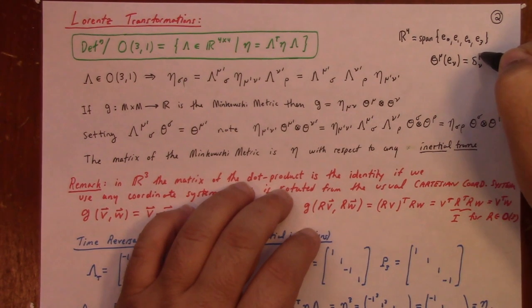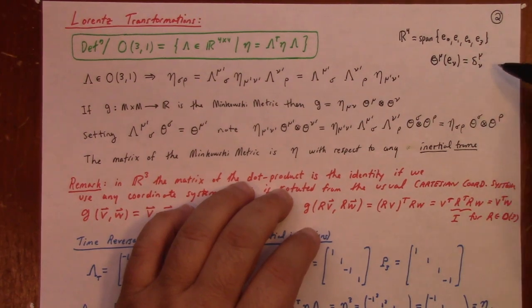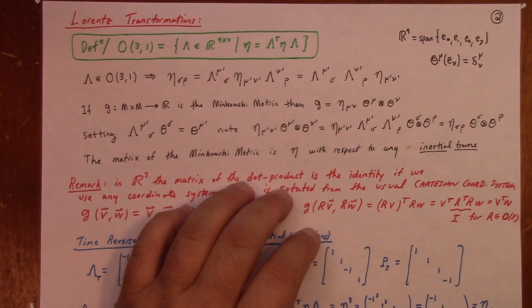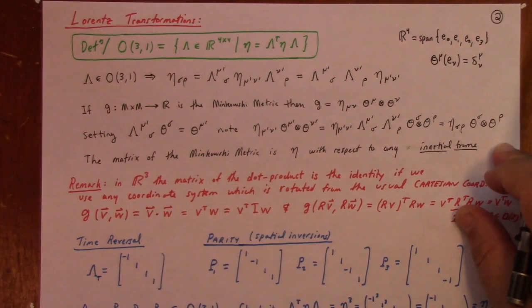now I haven't been super careful about keeping upstairs indices matching upstairs and downstairs matching downstairs. I haven't been completely simpatico with Carol on this point. I sometimes have had lower mu nu for a thing like this, whereas he's more careful to keep the indices matching like that for the most part.